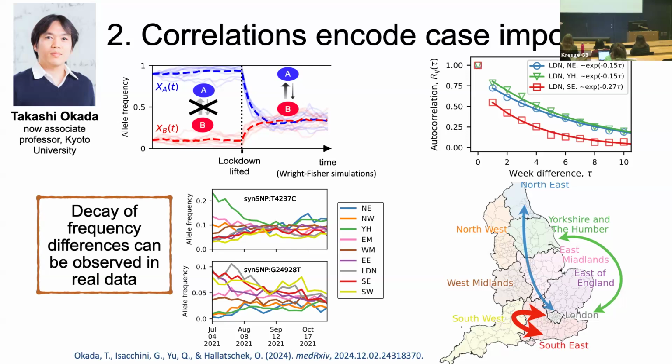And then blue and green are two regions, London and North England, and London and Yorkshire and the Humber, which both show lower decay, which is consistent with them being further apart, so the propagation rates are lower, and this regression should be slower.